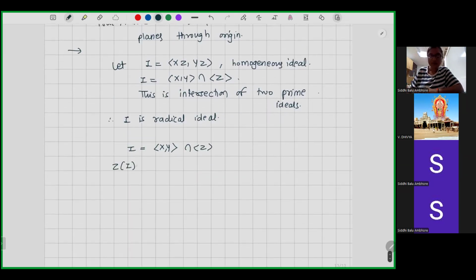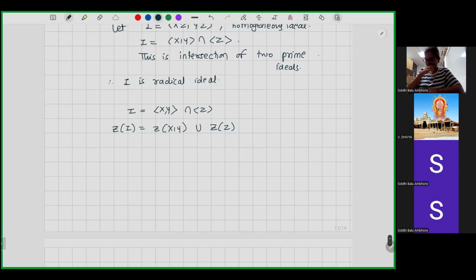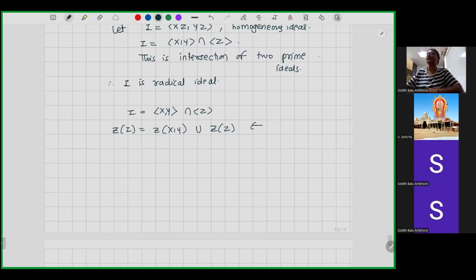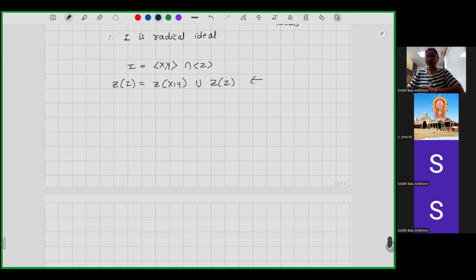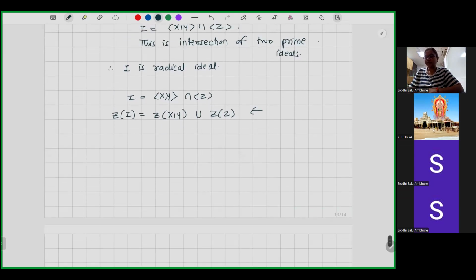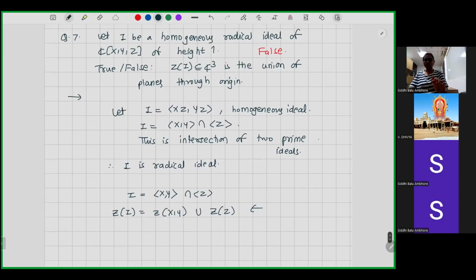So Z(I) is actually Z(x comma y) union Z(z). This we saw in earlier lectures, how in Zariski topology the zeros and varieties were. If you remember, we also solved this kind of question to find how the zero set of an ideal looks in C cube.